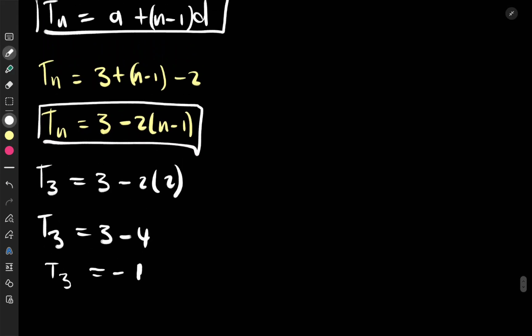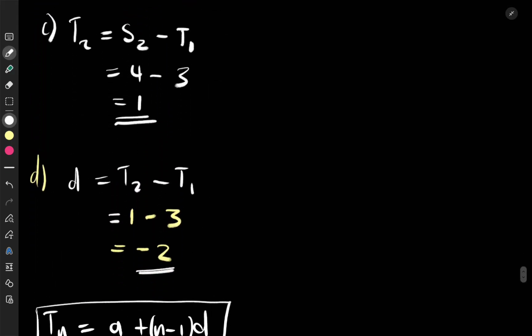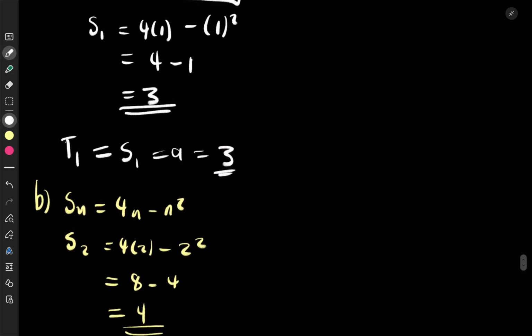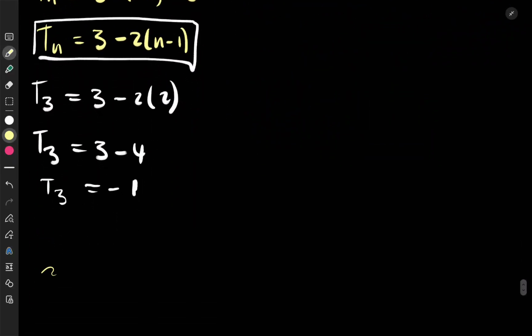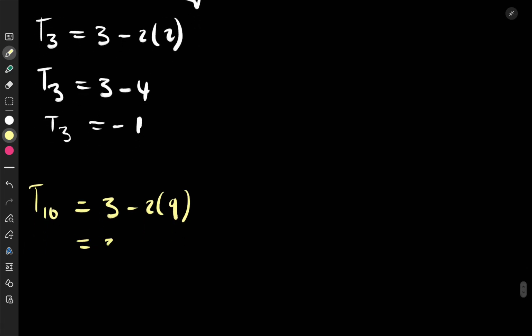The other thing they want in part D is the 10th term. Come on, 10th term, no problem. So term number 10 is equal to 3 minus 2 by 9, which is 3 minus 18, which is negative 15.